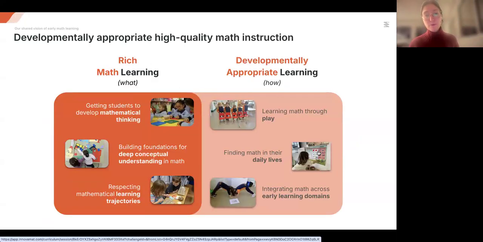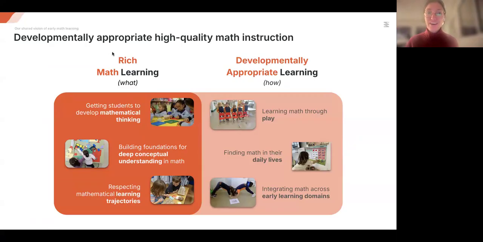So before we move into the program, so that I show you a bit of what the program looks like, I'll just wrap this up by saying, what does high quality math instruction look like when we're talking about 4 years old, right? When you're thinking about your children and you're trying to understand what's the best way that I can teach them math in these early days, I always like to think about 2 things.